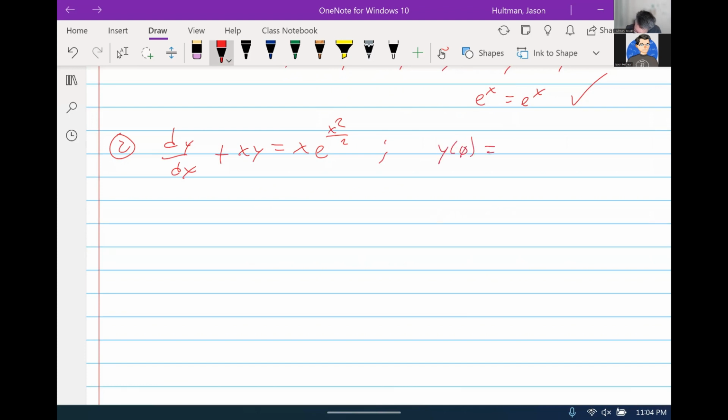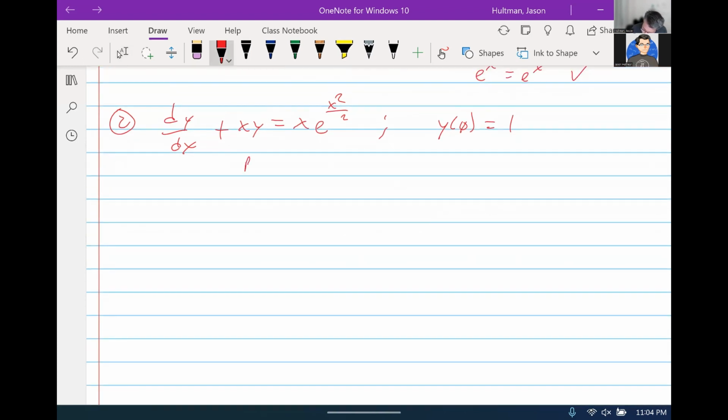Y not equals 1. Okay, so let's find out, well, what's our I going to be? Okay, so P of x is equal to x, Q of x is equal to x e to the x squared over 2.